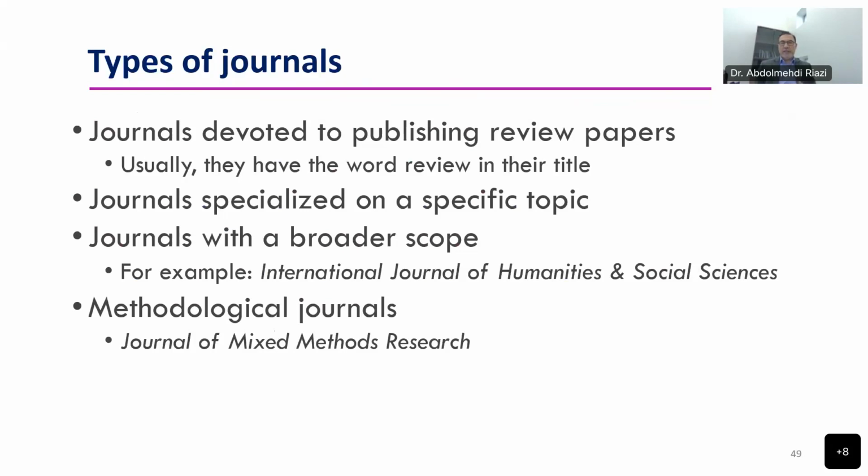If yes, then it doesn't matter which discipline they come from, and this is why these journals, usually methodological journals, journals with broader scope and review journals, actually get higher impact factor, which is something that we need to consider when we want to shortlist and choose a journal to send our articles to.